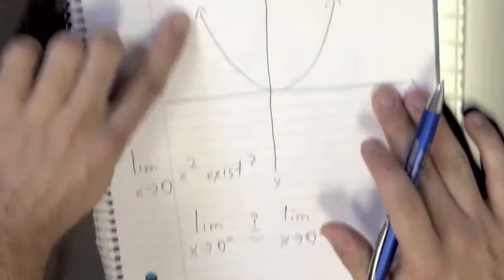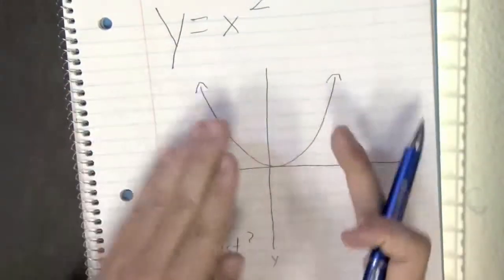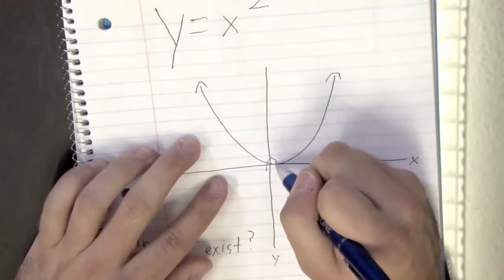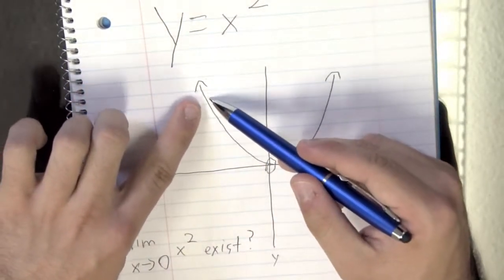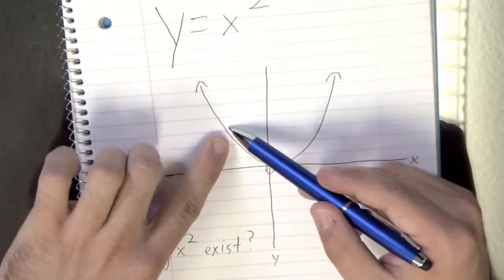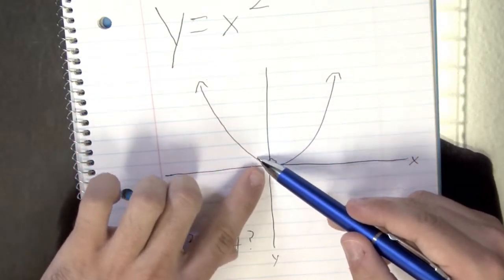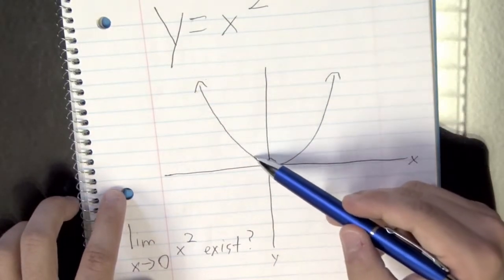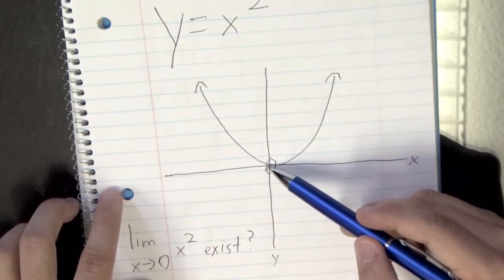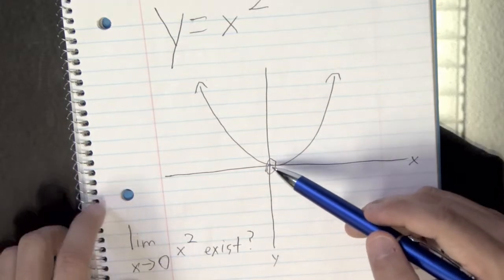So we would look at x as it's coming from the left side of 0, 0 being right here. So we're looking at it as it's getting closer to 0 from the left. The graph is continually moving down and towards the center of the y-axis. And as it gets really, really close to 0, it becomes, well, 0.